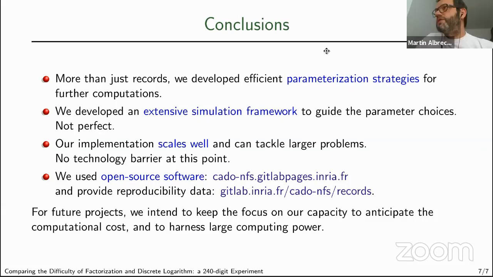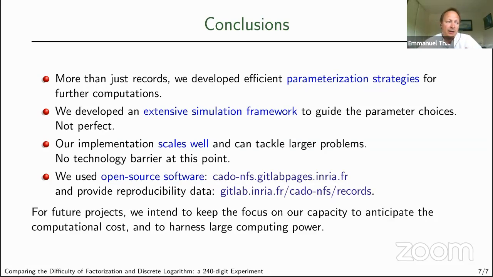And Habib asks, can you comment on what the strategies for choosing parameters are exactly? Difficult. It's a question of making sure that you give enough legroom to the filtering process to reduce your matrix size as much as you can.